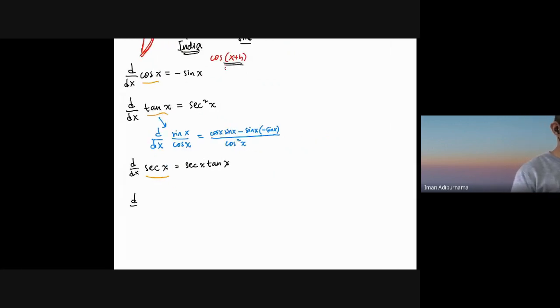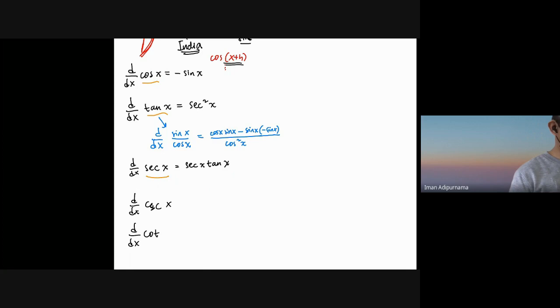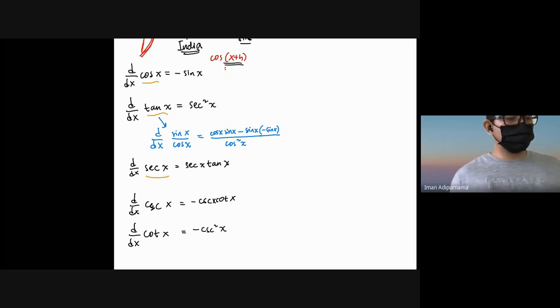The other ones, like cosecant and cotangent, are not too necessary because they are just 1 over sine and 1 over tangent, and you can get the idea and then maybe derive them one by one. And still you get the same results as this.